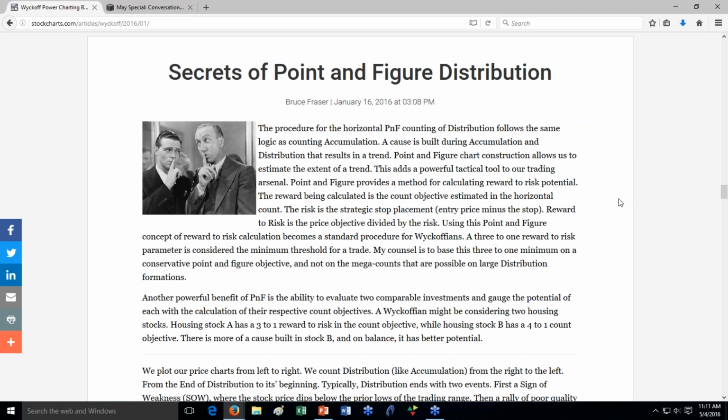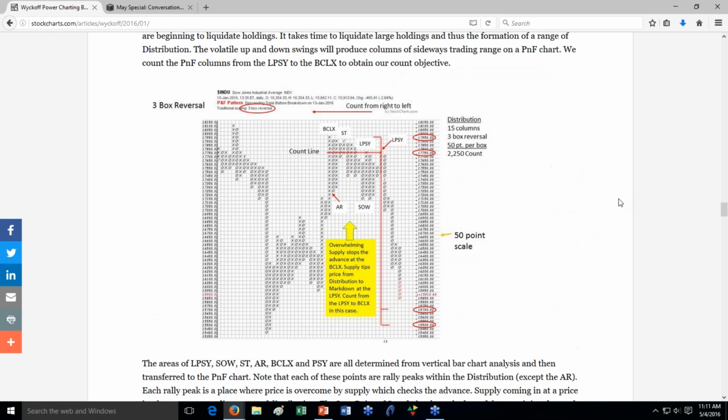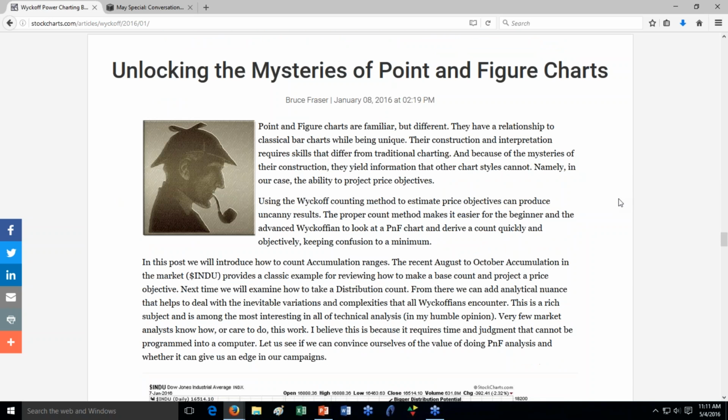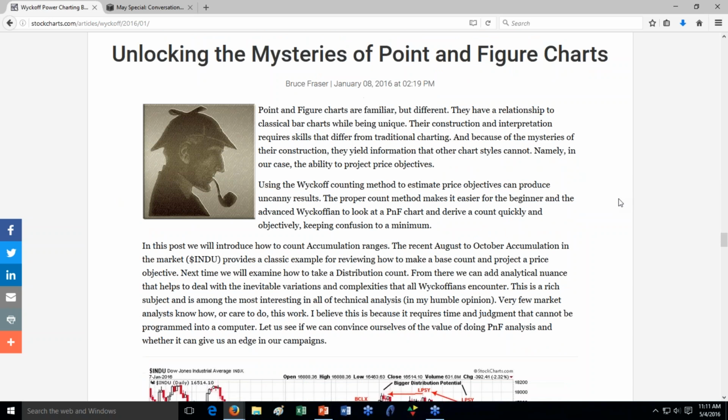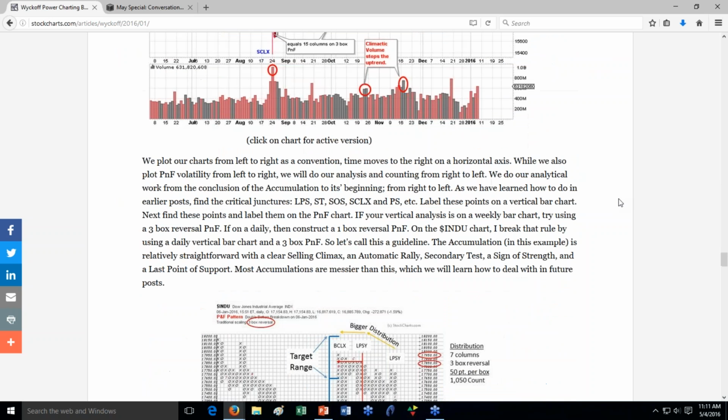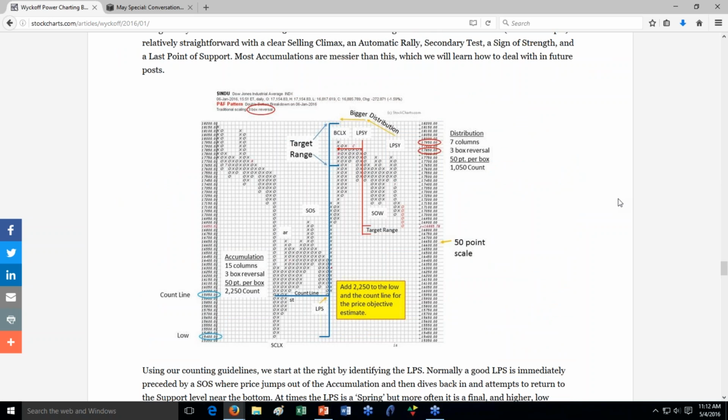This is on February 12th, and why you want to take small counts on these objectives and not take the gigantic count, and why it's more effective. So anyway, you can look at those, and there's others to look at.